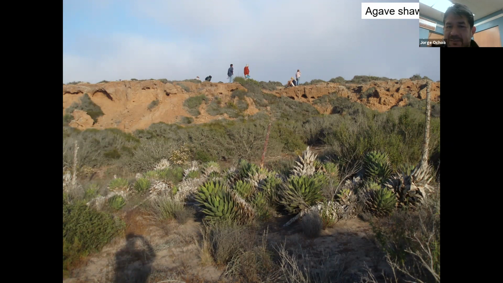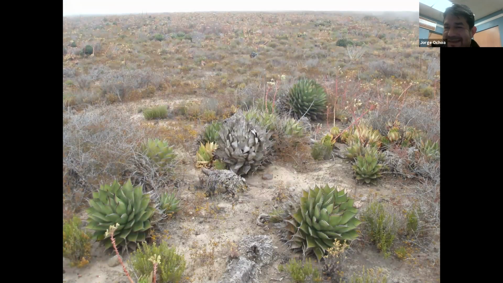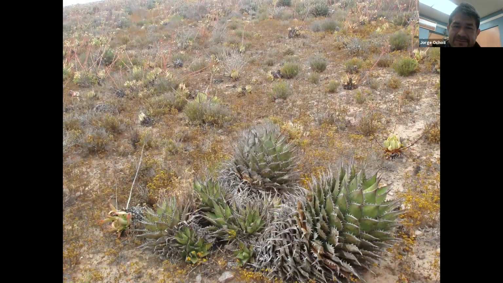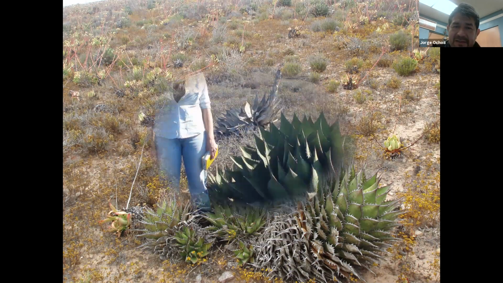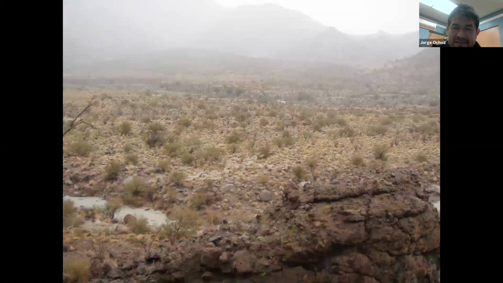So here is Punta Colonet and the coastal native Agave shawii. Here it is just laying on the ground with some of the native dudleyas. So this is Punta Colonet, so this will be an image of wild California. And here are some more photographs. And here's one for scale, with the flowers that are quite nice.